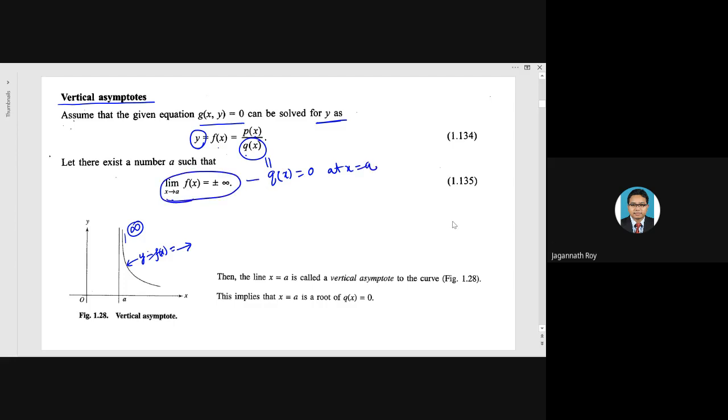So this is the meaning of this statement. Then q(a) equals 0, that means a is a root of q(x) equals 0.